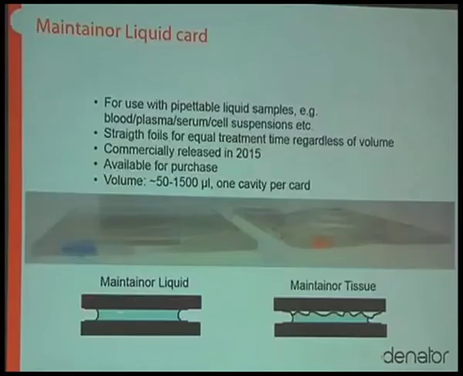The liquid card consists of two membranes, and when you add a drop of liquid in here, the liquid will stand between the Teflon membranes. And regardless of volume, from roughly 50 microliters up to 1.5 milliliters, it will have the same height. And the height is really what determines the time it takes to heat something.